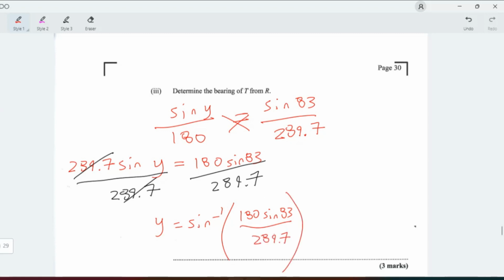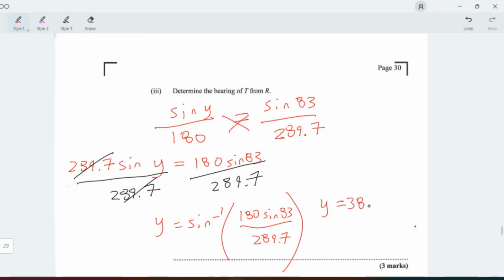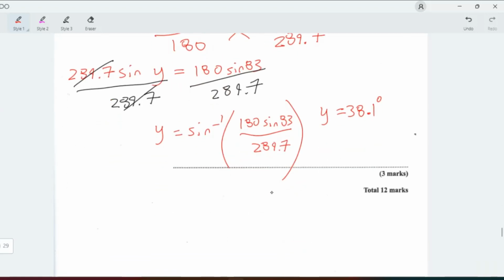Put all this in our calculator one time: sine inverse, fraction button, 180 sine 83, close the bracket, over 289.7. We work that out and we get y is roughly 38.1 degrees. Now once I get y is 38.1, remember we add 38.1 to 25 degrees, and we subtract it from 90.